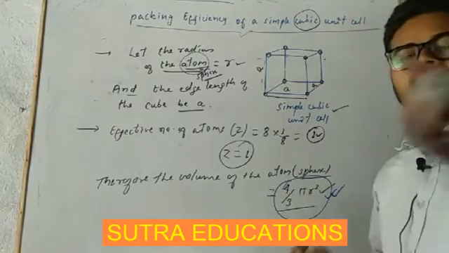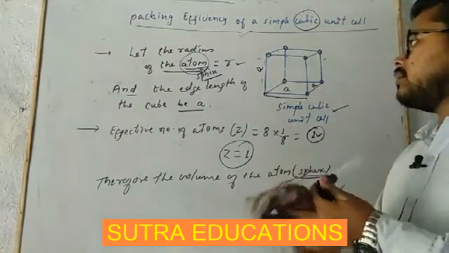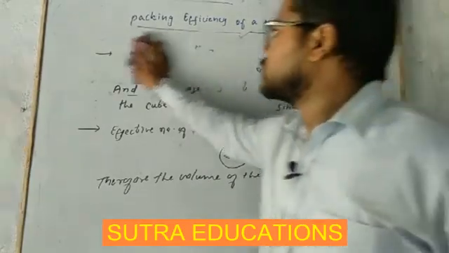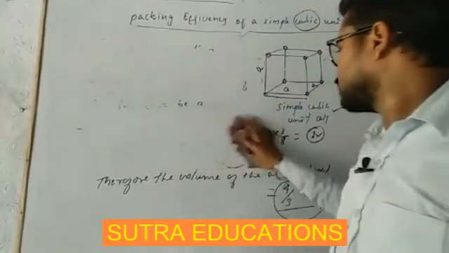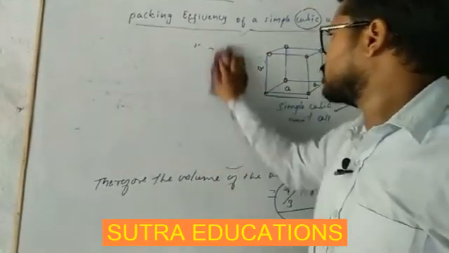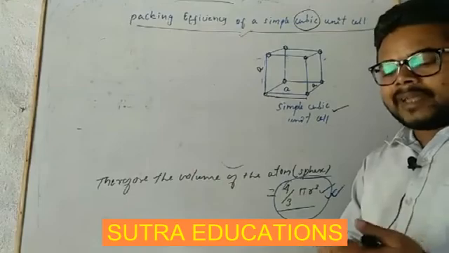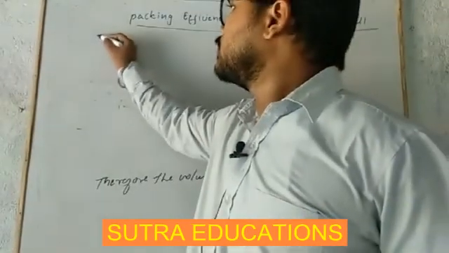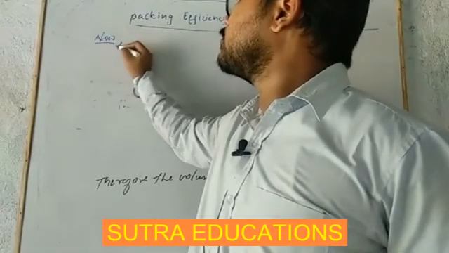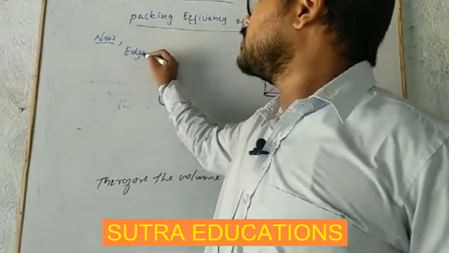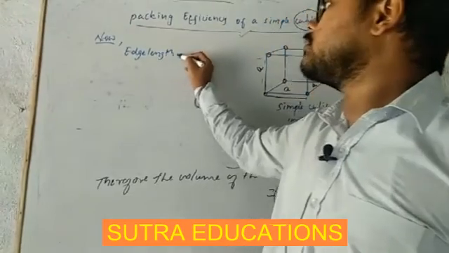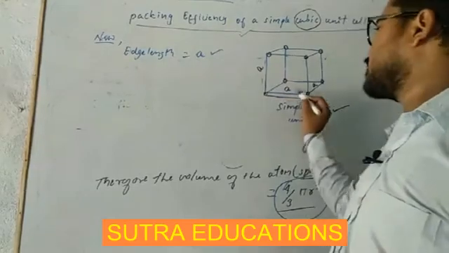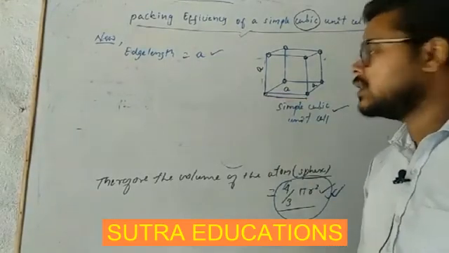Okay. Now edge length is equal to a, we have supposed. We have supposed edge length to be equal to a.